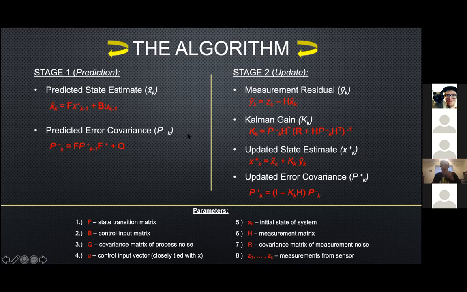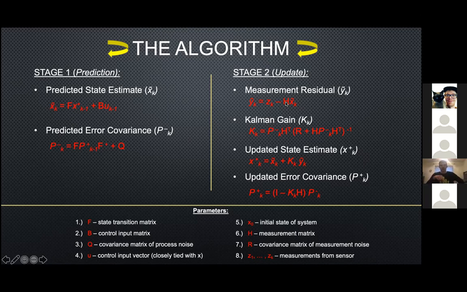Then over here in the update, we're going to correct using the measurement for where we're actually at. We take in our measurement, which is Z of K, shown down here, number 8. We take in the measurement and then the measurement matrix times X of K, which we calculated earlier.